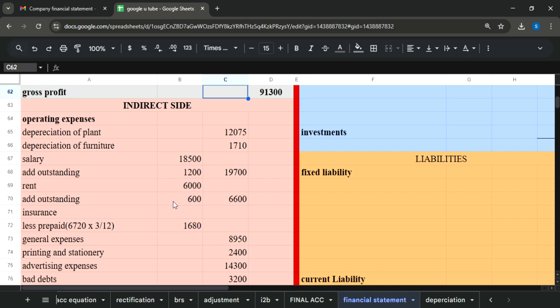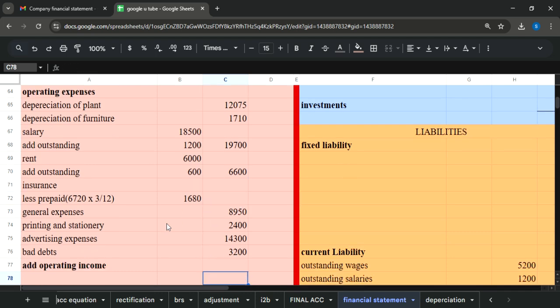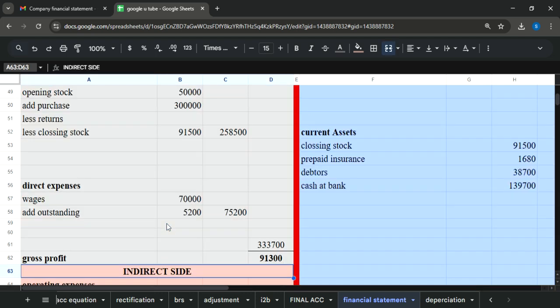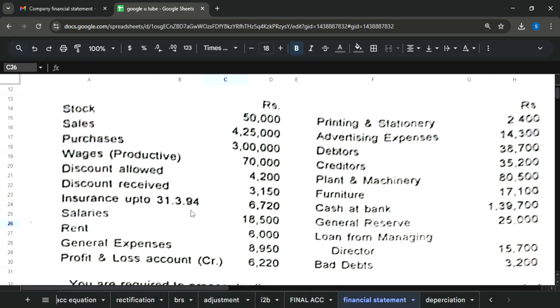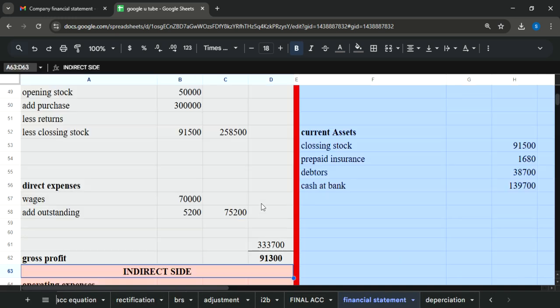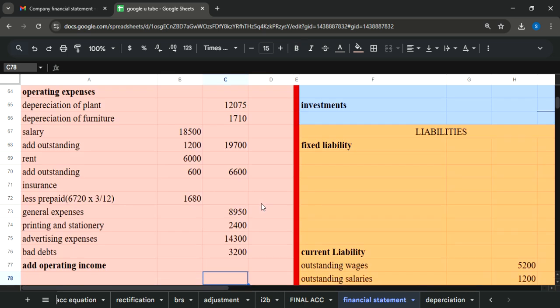Was there anything else as well? No? Okay. So it means we will take insurance from here. 6720 was original amount of insurance. And now what we will do, original amount of insurance minus prepaid. Prepaid would be subtracted.